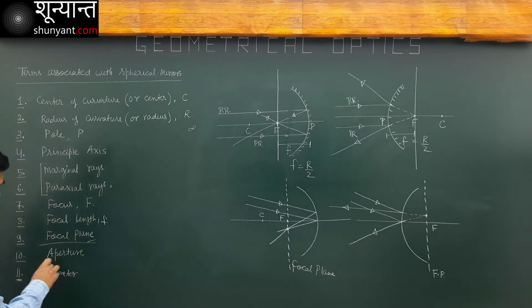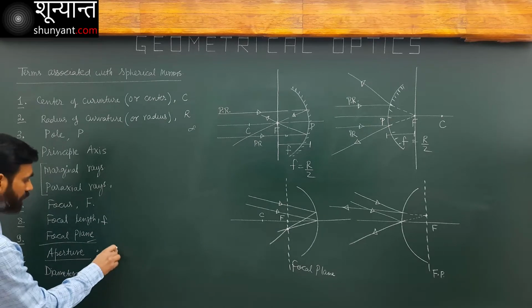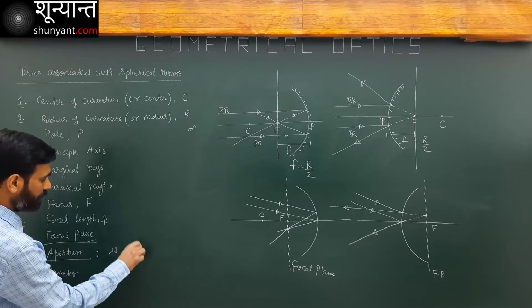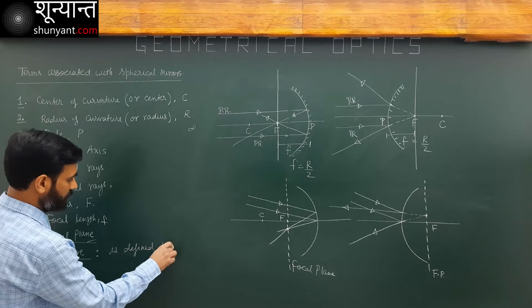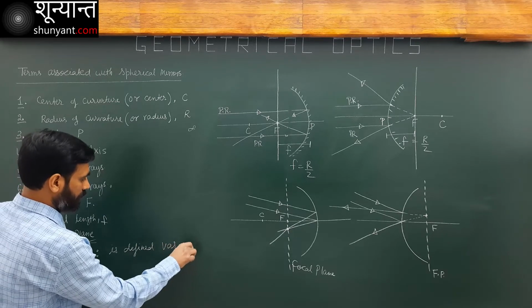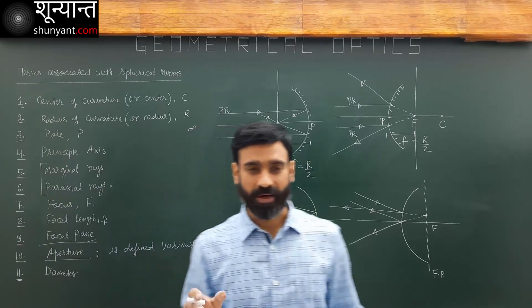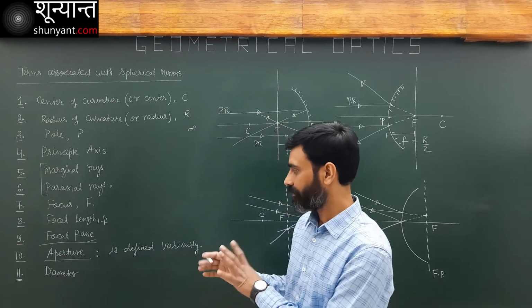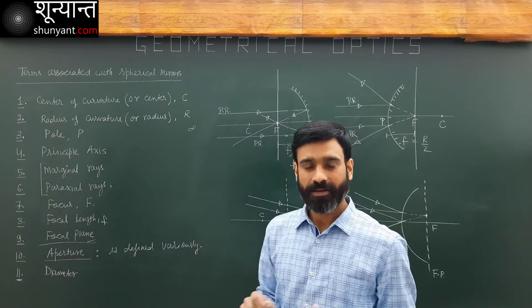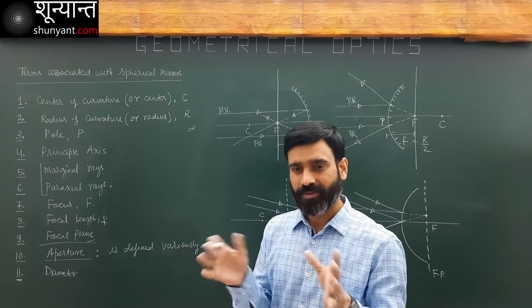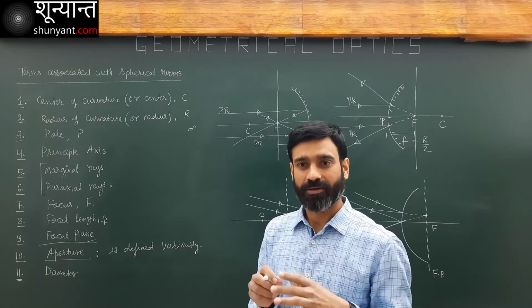Now, aperture is defined variously in different books and resources. If you try to read about aperture, it is defined in different ways, in mathematical ways, or in many terms.